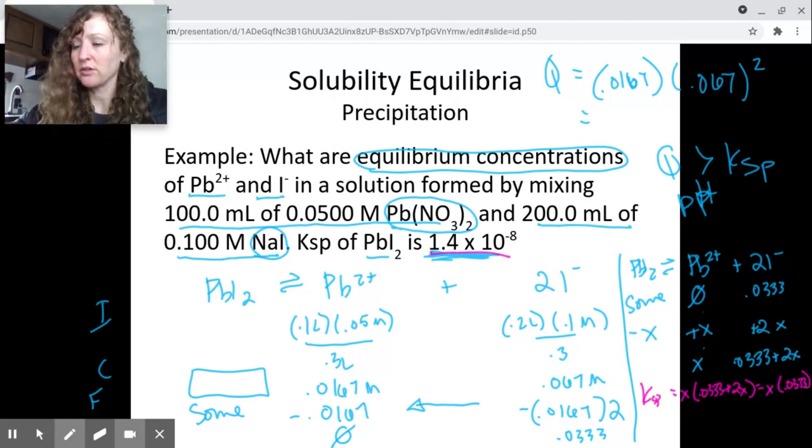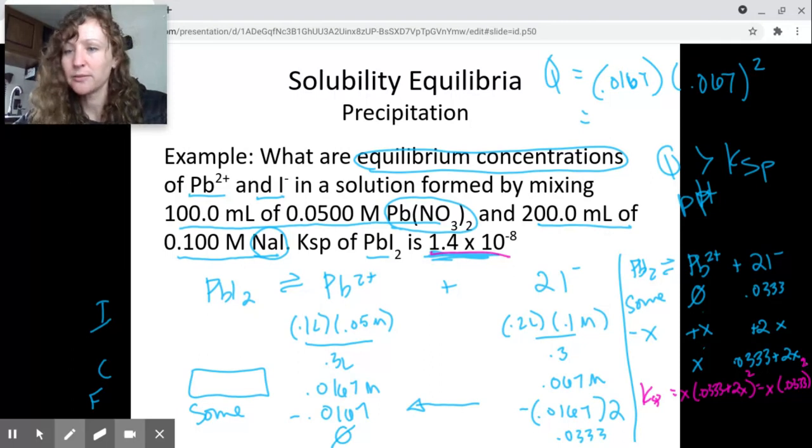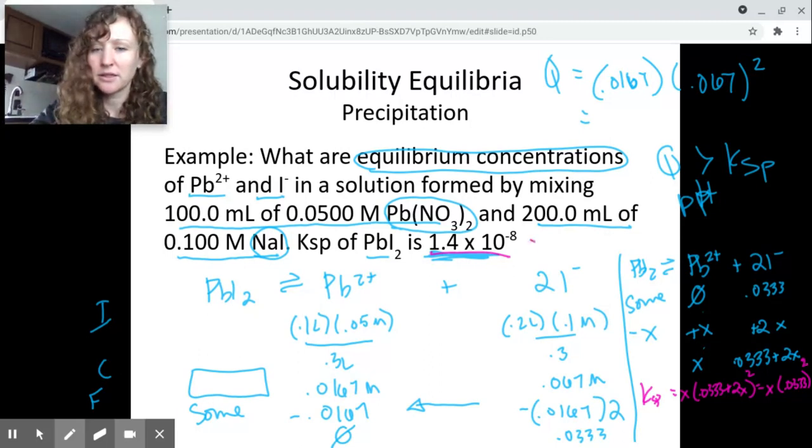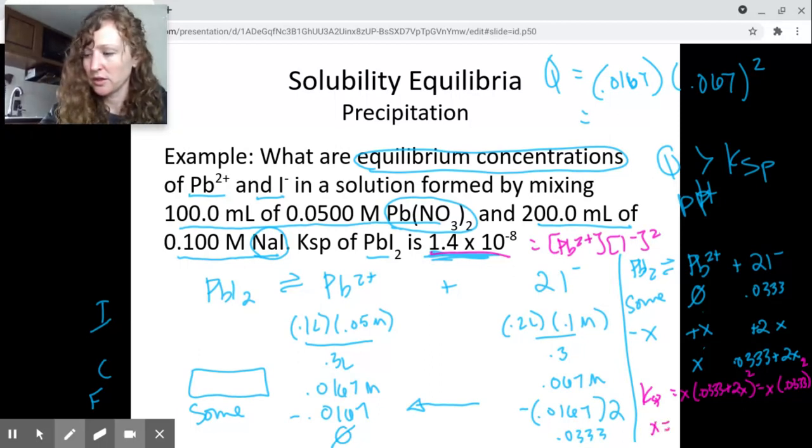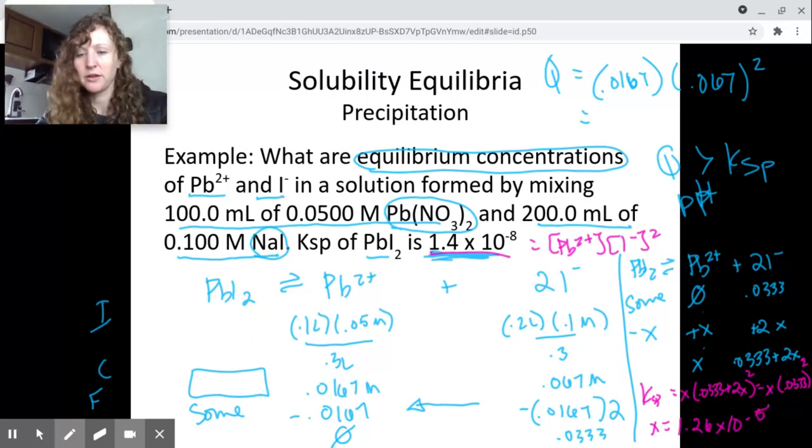And now I can solve for X. So I take my KSP and divide by 0.0333, and sorry, this has to be squared, because my KSP is going to be the lead ion times iodide squared. Okay, can't forget that squared. So KSP divided by 0.0333 squared is going to be equal to 1.26 times 10 to the negative fifth.